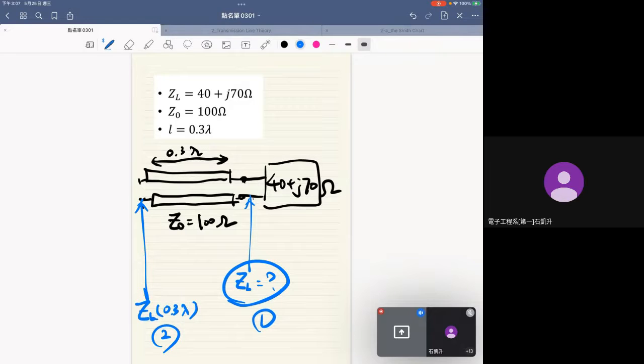And I will give you probably 10 minutes to answer my question. Okay, 10 minutes. Show me this question on your Smith chart. After 10 minutes, the question will close automatically.